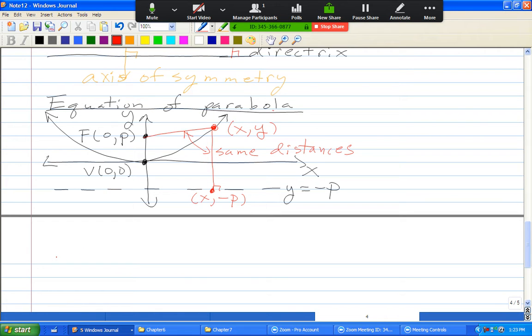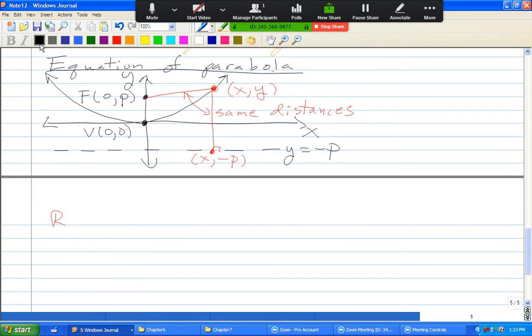Recall the distance, if I have two points, (x1, y1), well, maybe I'll call it Q, (x2, y2).